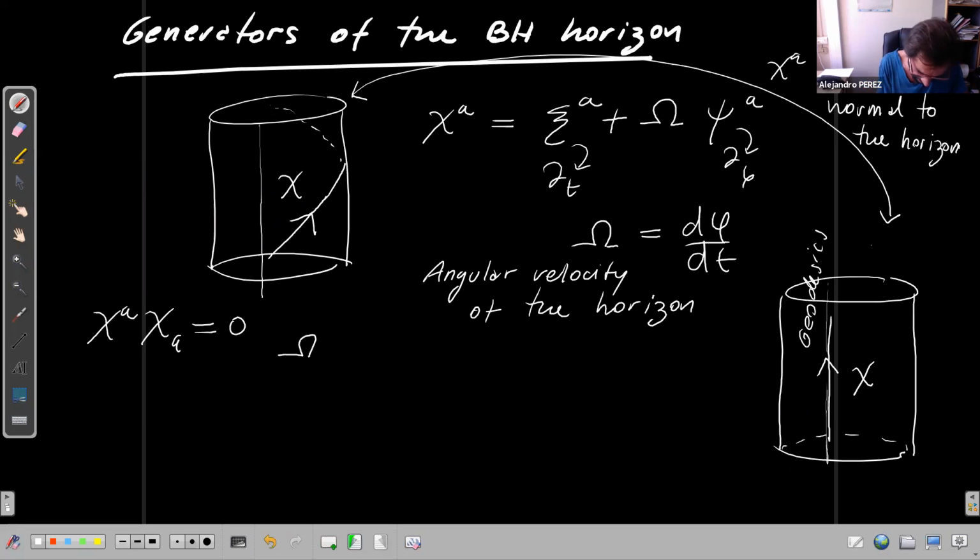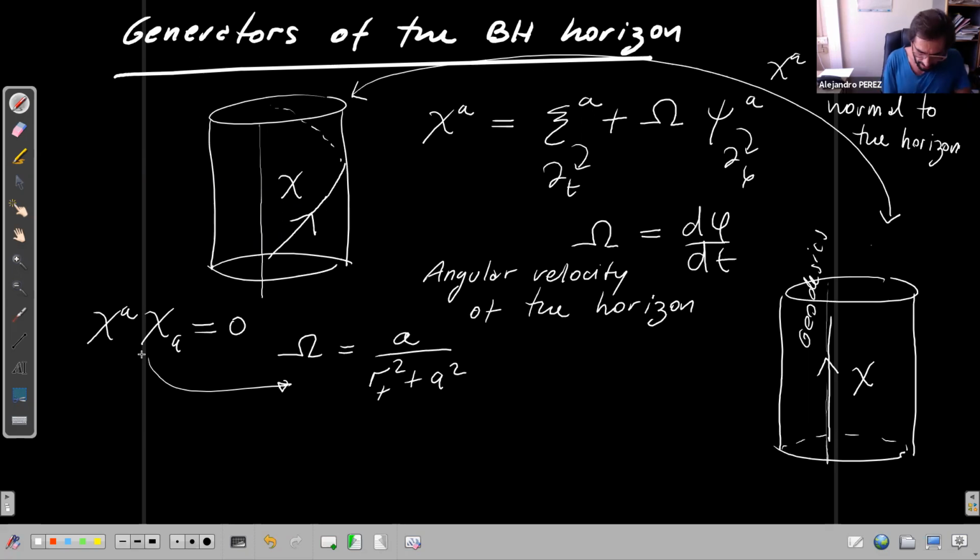By the way, Ω is equal to a divided by (r_+² + a²), which comes entirely from this. This is an exercise that you can do.